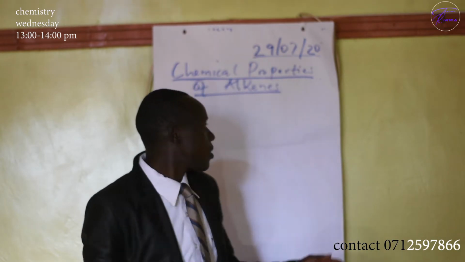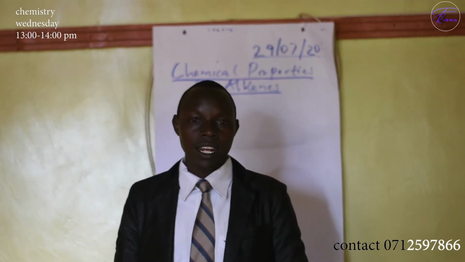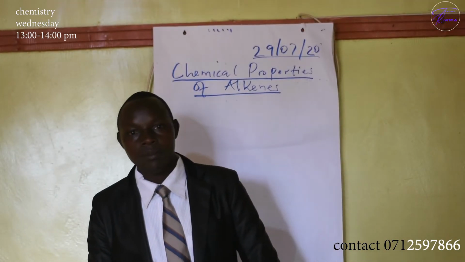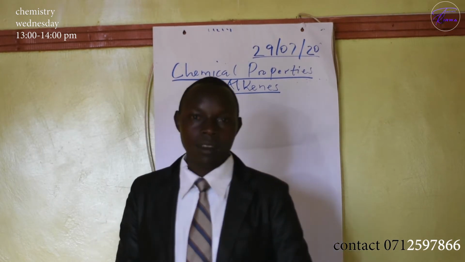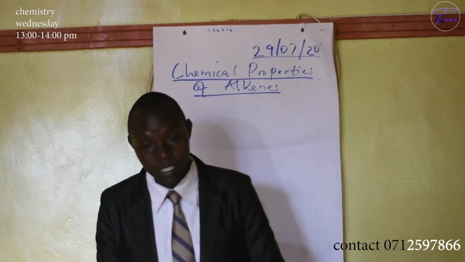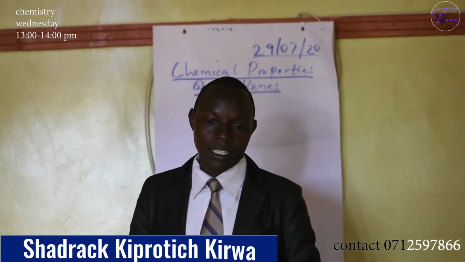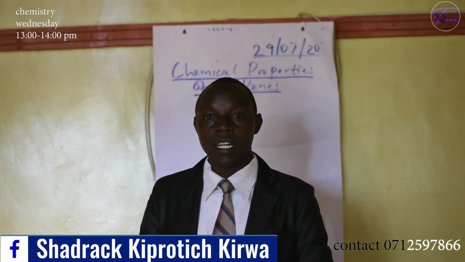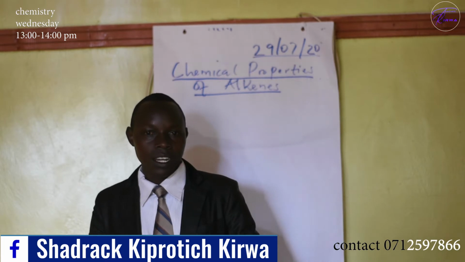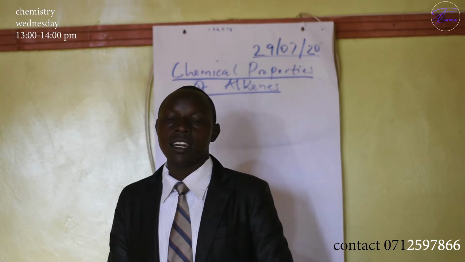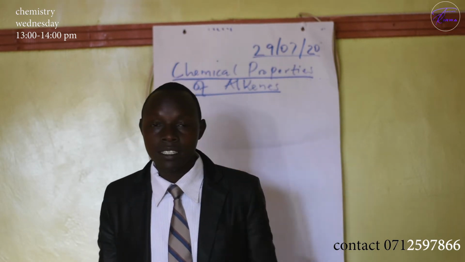Today we are going to look at chemical properties of alkenes. We have done quite a number of lessons about alkenes. We looked at nomenclature, how alkenes are named. We looked at isomerism of alkenes.